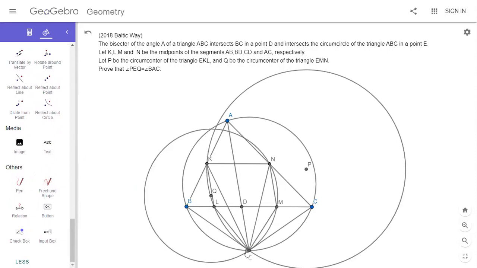If you look at triangles BDE and BAE, angle EBD is equal to angle EBC, which is equal to angle EAC, which is equal to angle BAD, right? So BDE and BAE are similar. Does that make sense?